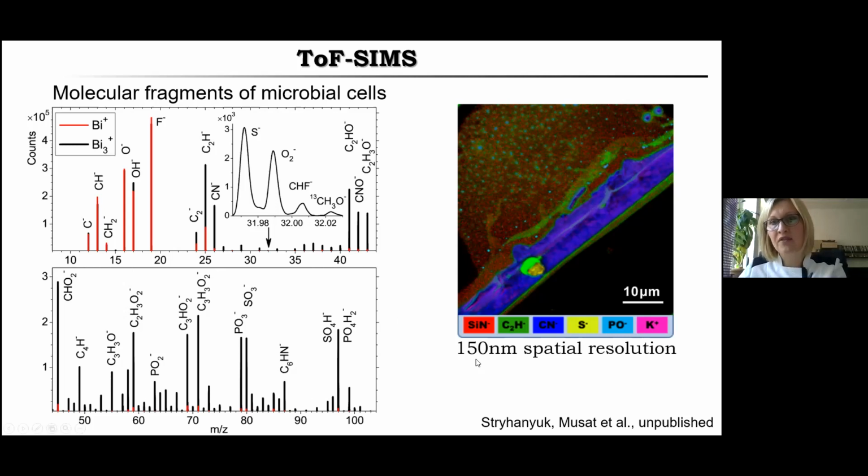So at the 150 nanometer spatial resolution, which you can see and visualize very well, you have a pretty poor mass resolution. But nevertheless, the instrument is pretty flexible, and I will show you that using it in combination with other tools can give you very important information.